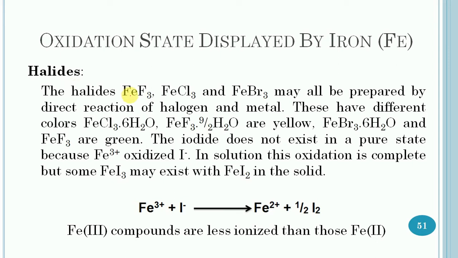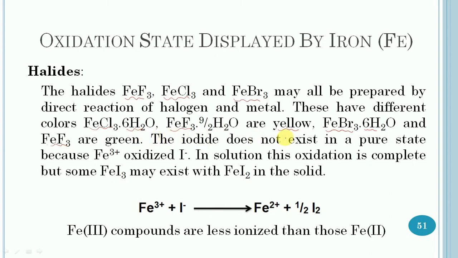Next is the halides. The halides such as ferric trifluoride, ferric trichloride, and ferric tribromide may all be prepared by direct reaction of halogen and metal. These have different colors. Ferric trichloride with 6 water molecules and ferric trifluoride with 4.5 water molecules are yellow, ferric tribromide with 6 water molecules and ferric trifluoride are green in color.